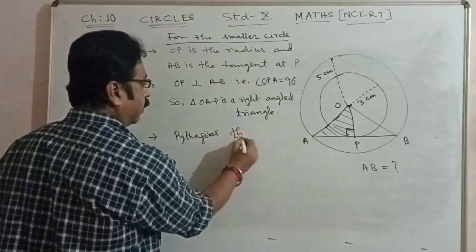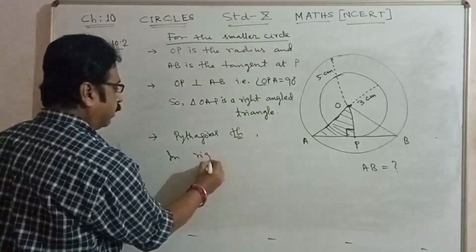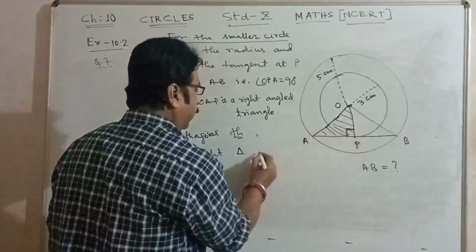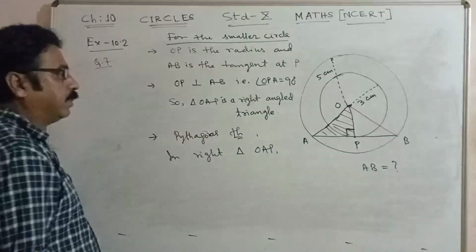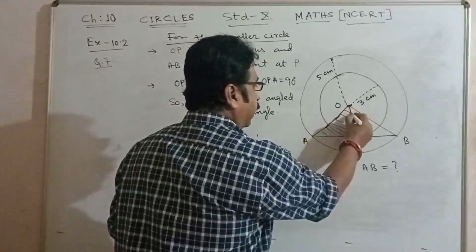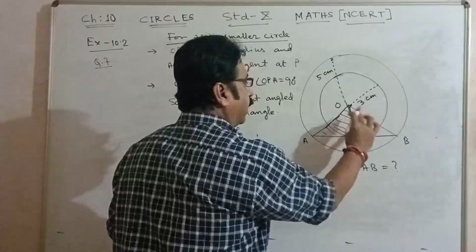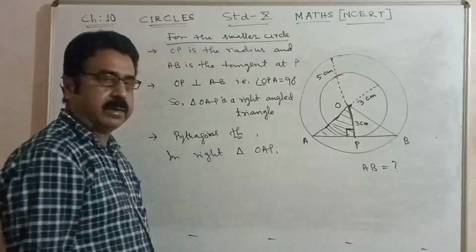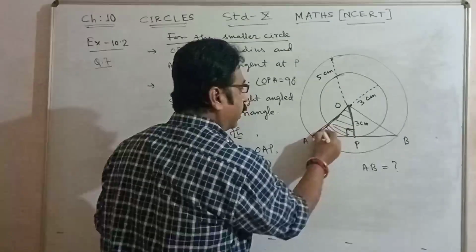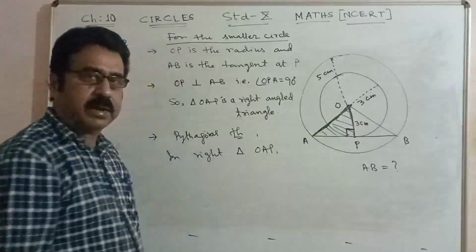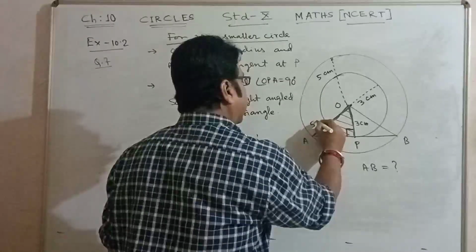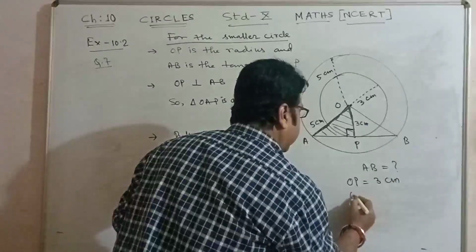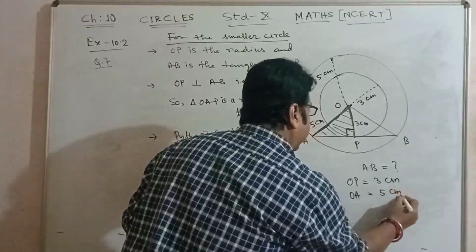In right triangle OAP, OP is the radius of the smaller circle, it is 3 centimeter, and OA is the radius of the larger circle, it is 5 centimeter.